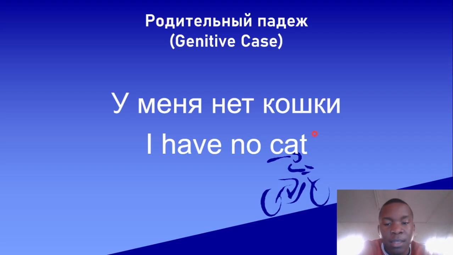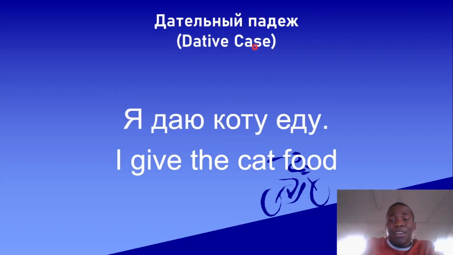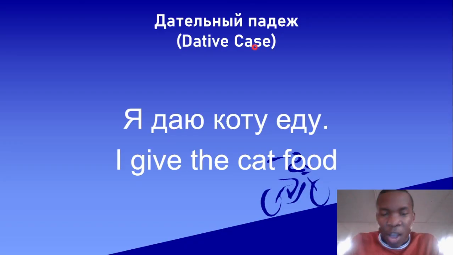But this nyet here is very important. This nyet is what actually distinguishes this, and that last letter at the end is what qualifies it to be genitive case. All right, so that is our Roditelni Padezh, genitive case.